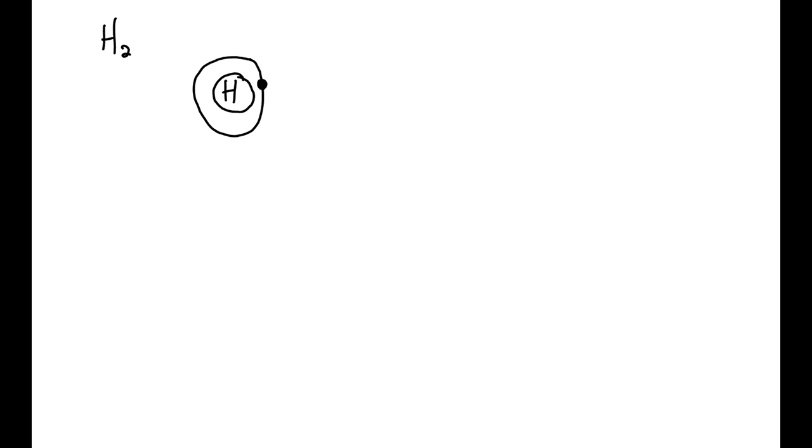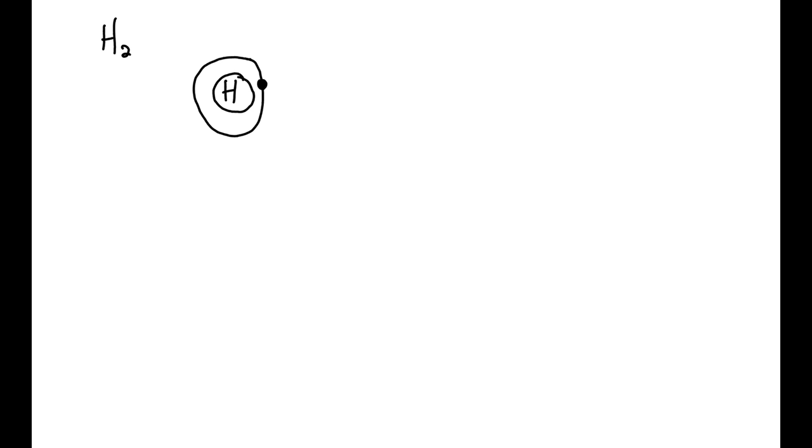How many does hydrogen want altogether? 2. So it wants, like you said, to gain 1. It can lose 1. But it has a tendency to share more than gain or lose.